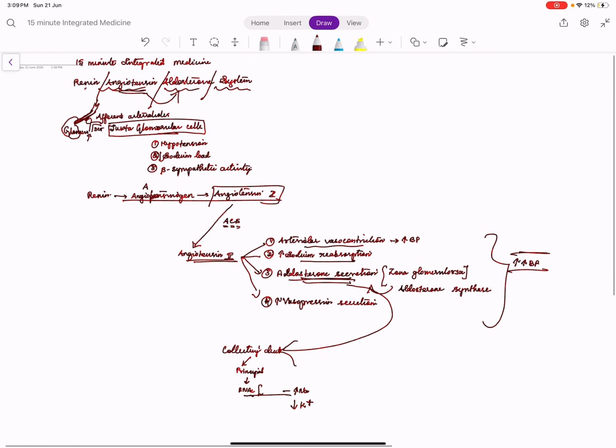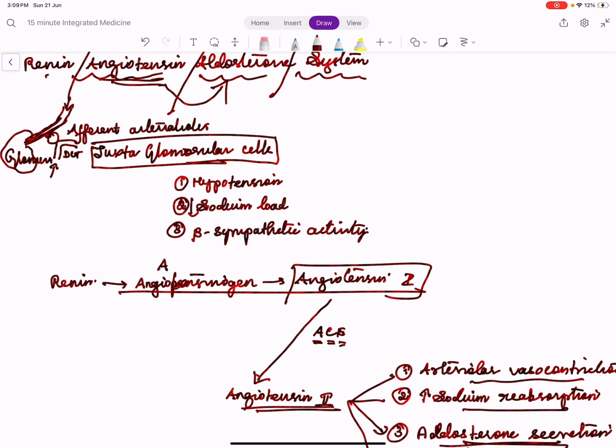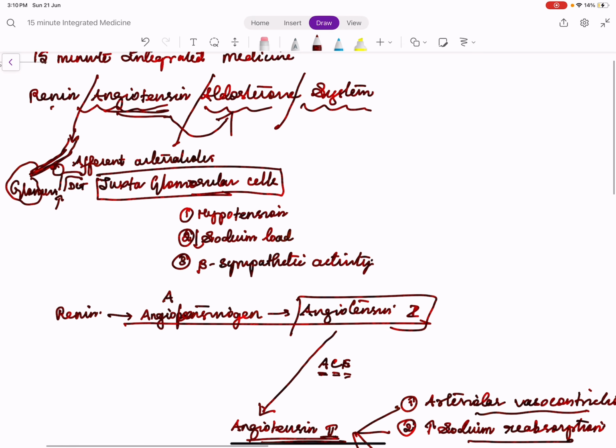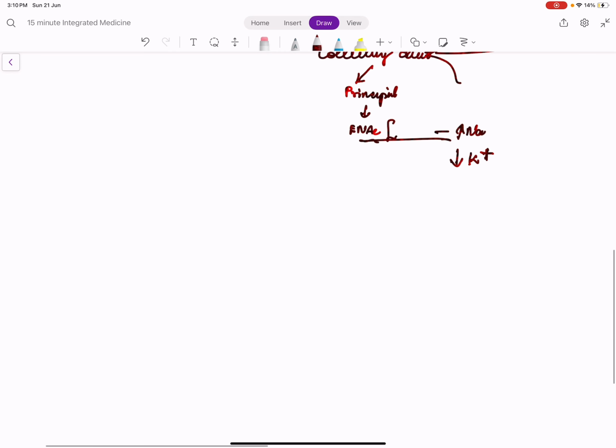Physiologically, the renin angiotensin aldosterone system is a compensatory mechanism of the body. When hypotension occurs, it gets activated to increase BP and increase sodium reabsorption. So this is how the entire system acts. Now this finishes the normal physiology which we know.